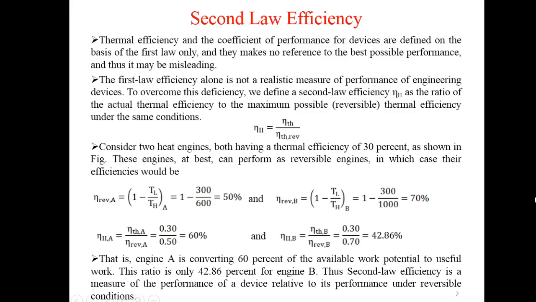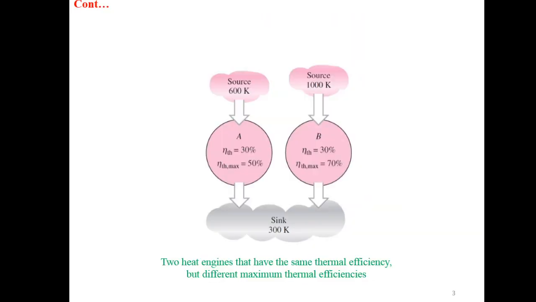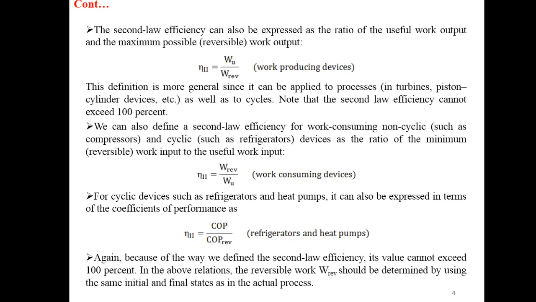This ratio is only 42.86% for engine B. Thus, second law efficiency is a measure of the performance of a device relative to its performance under reversible conditions. The second law efficiency can also be expressed as the ratio of useful work output and the maximum possible, that is reversible work output.